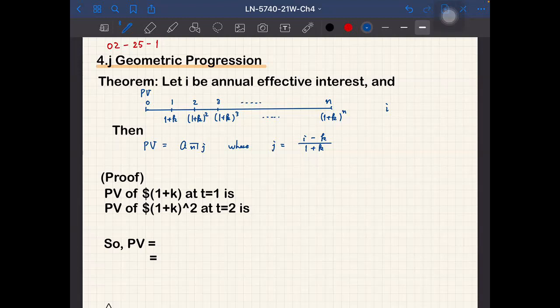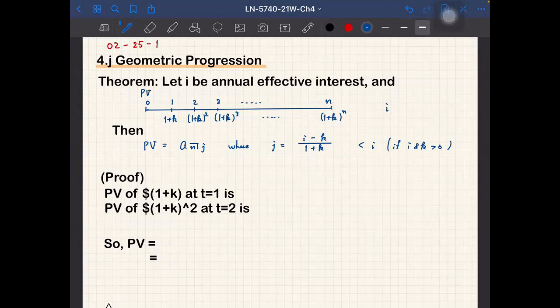Then we divide by 1 plus k. So this is slightly smaller than i if i and k are positive. So this is the present value formula.